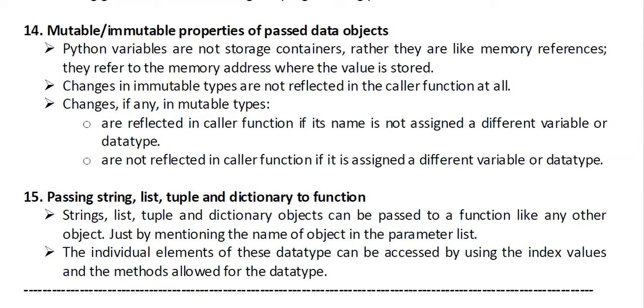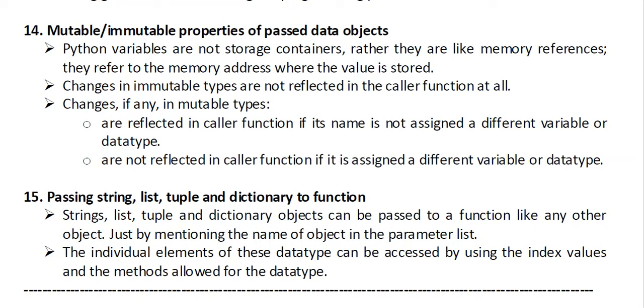Now the last point in this function chapter is passing string, list, tuple and dictionary to the function. That means passing all the objects that we have studied in class 11 to a function. All these objects can be passed to a function like any other object. Like you pass an integer, you use the same method to pass string, list, tuple, dictionary and all the other objects, just by mentioning the name of the object in the parameter list.